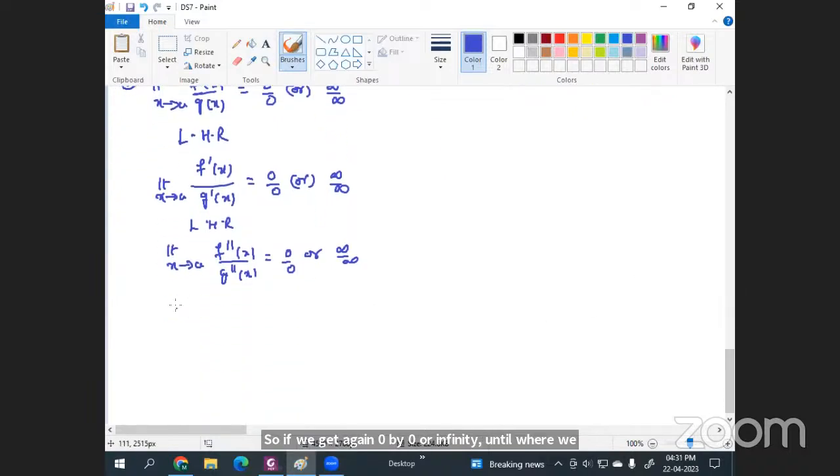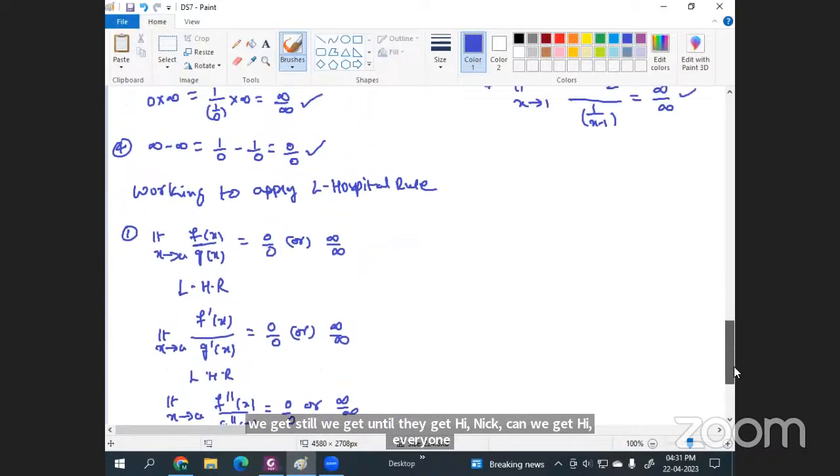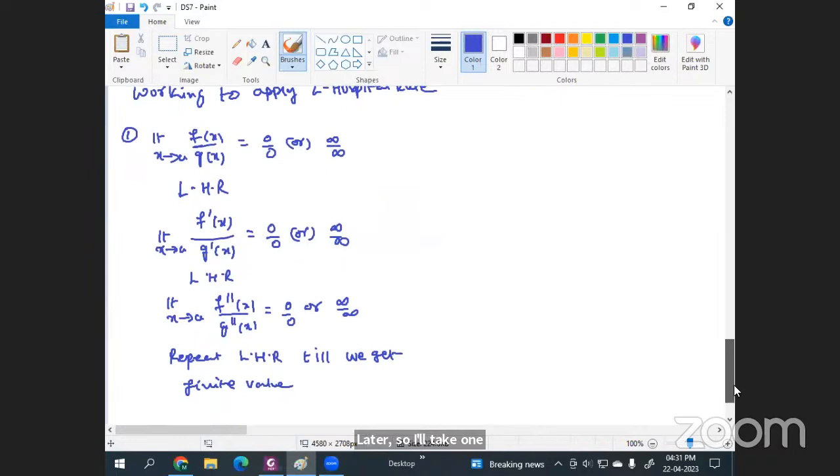So repeat the L'Hopital rule till we get a finite value.